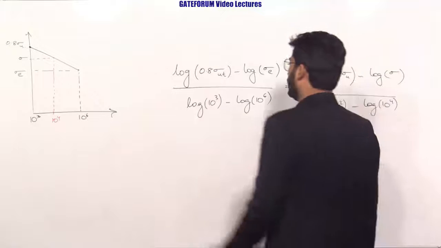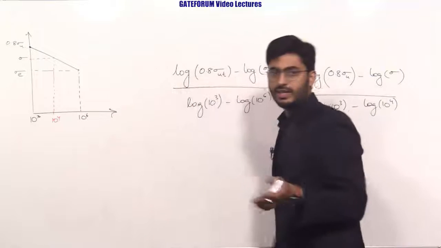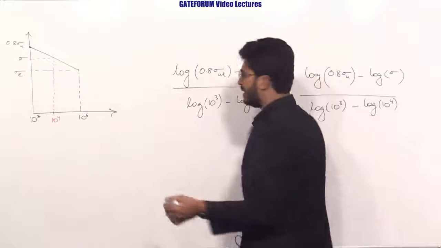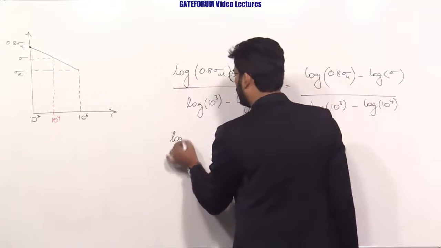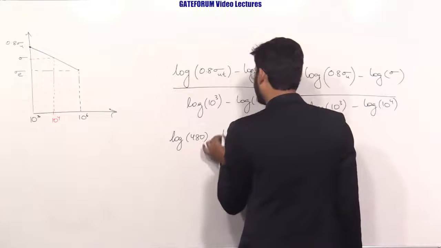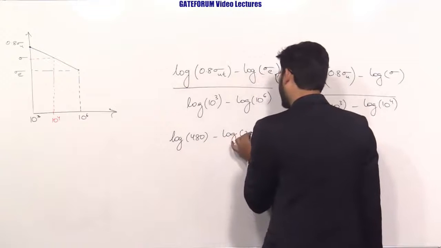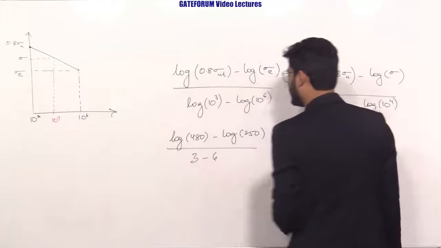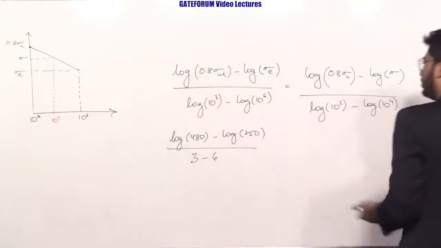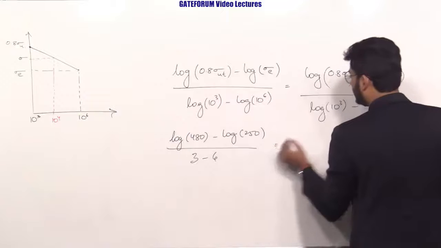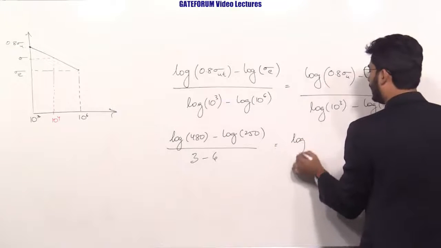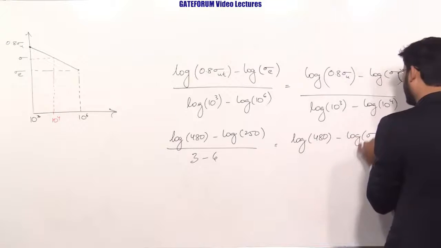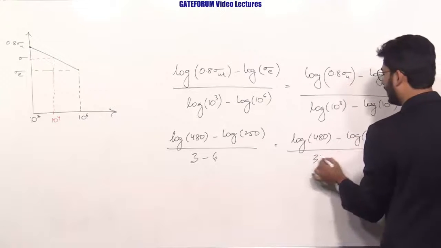Now sigma ut is given, rest is the substitution work only. So 0.8 times of 600 is 480: log 480 minus log 250, over 3 minus 6, log to the base 10, that is 10 power 3 minus 6, equals log 480 minus log sigma over 3 minus 4.